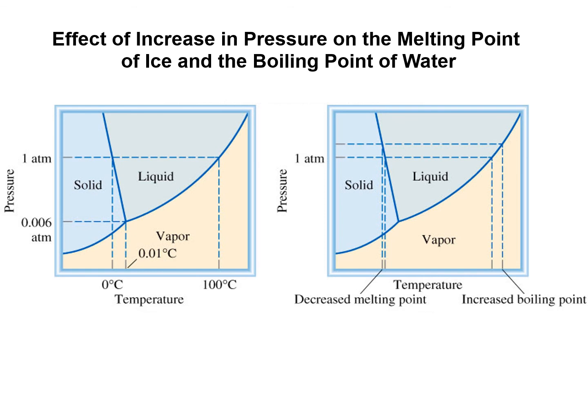So, increasing the pressure affects the melting point of ice and the boiling point of water. And so, as I said, we can use these phase diagrams to predict whether something is going to be solid, liquid, or vapor, but we can also use them to visualize or determine the effect pressure has on these physical properties.